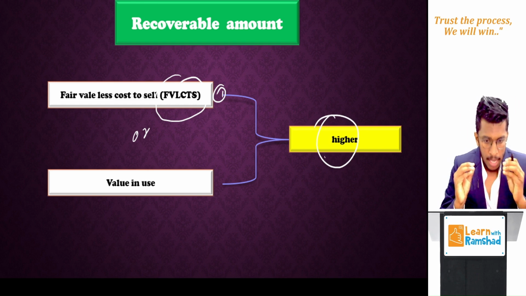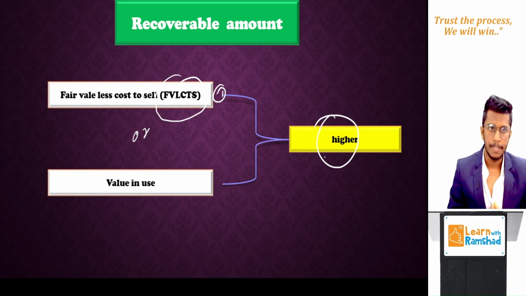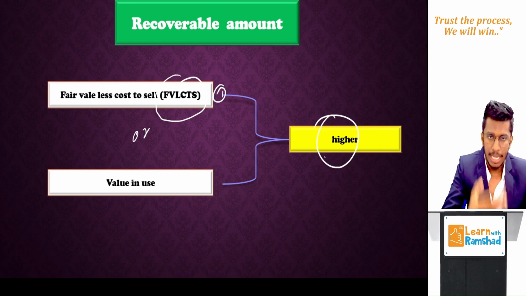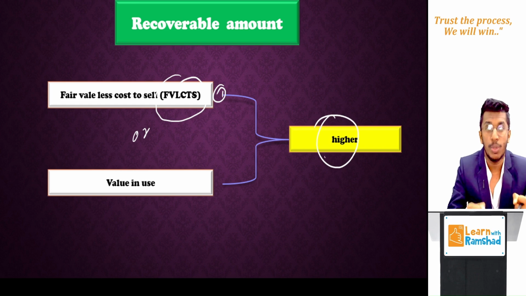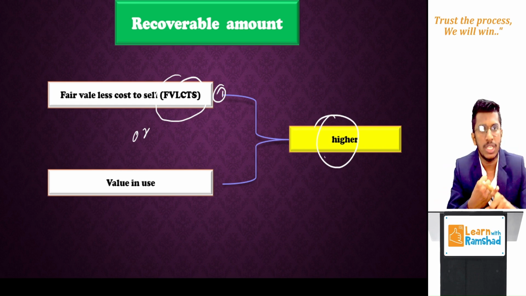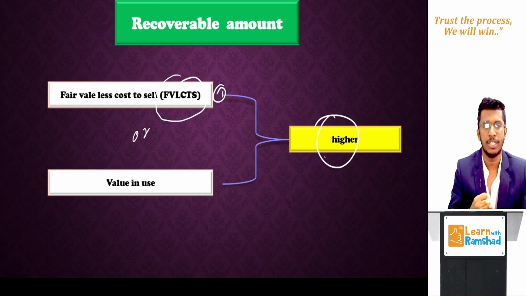Listen. Remember, you have an asset. The word recoverable itself gives you the meaning. Recoverable means the amount which you can take or recover either by usage or by selling it.